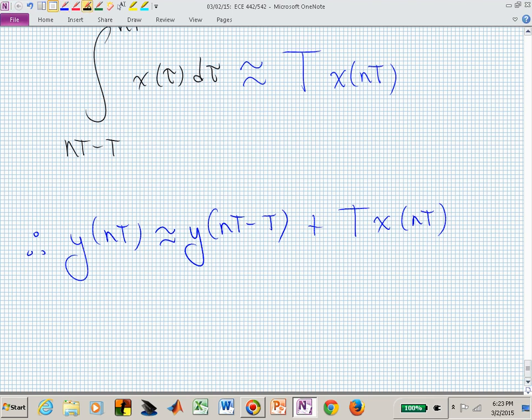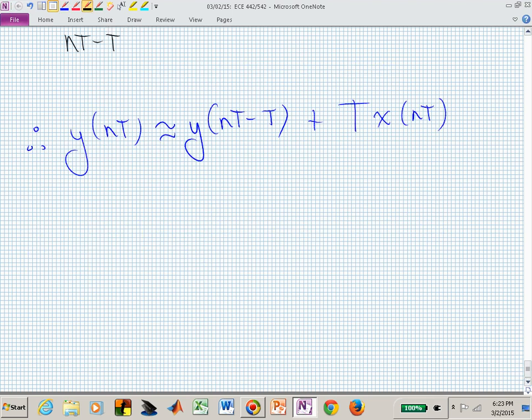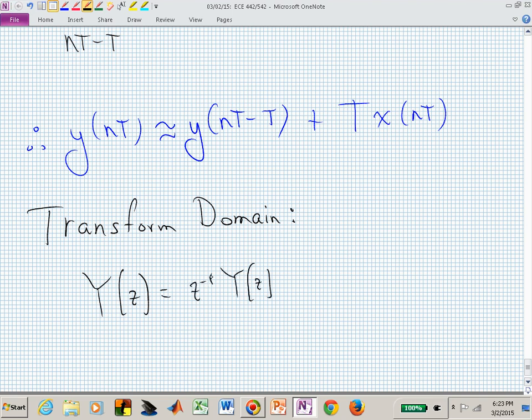Now if we do the same process that we did before, we can take this into the frequency domain by transforming it. We now have Y of z is equal to z to the minus 1 capital Y of z plus T X of z.